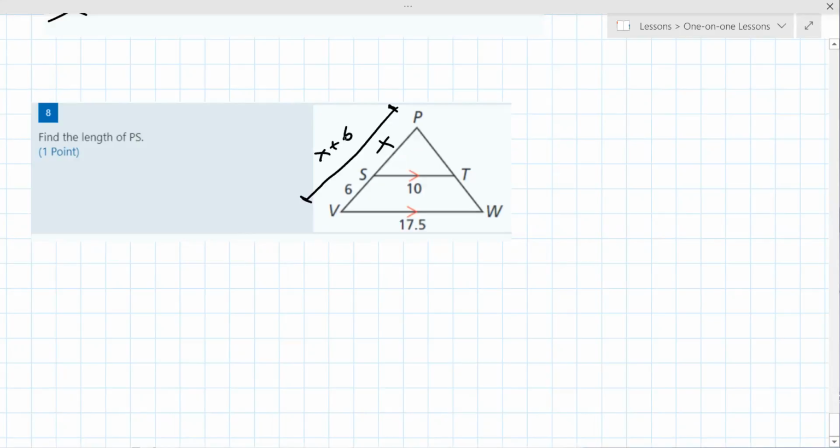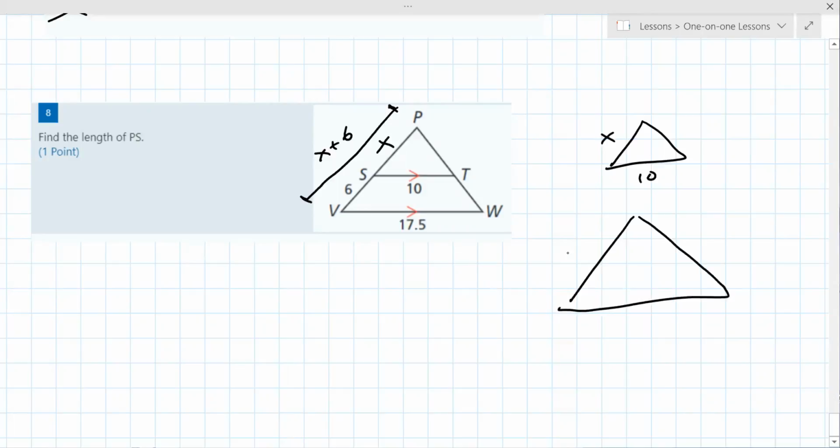So we're going to have to set up, and maybe it's easier to have the triangle. Like this is X, this is 10, and then the bigger triangle, this is X plus 6, and this is 17.5. I find it's very useful to separate the triangles. So we have X, and then we have X plus 6 over here, 10, 17.5.